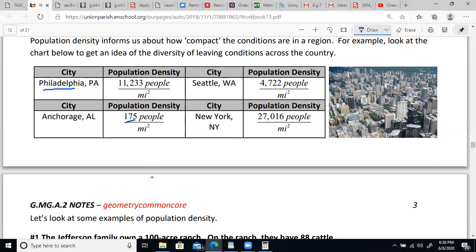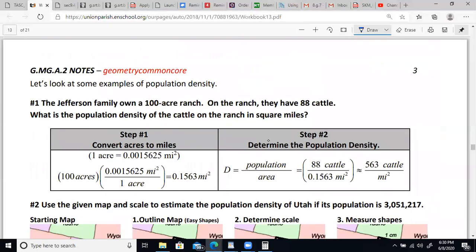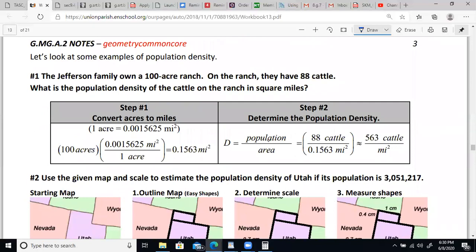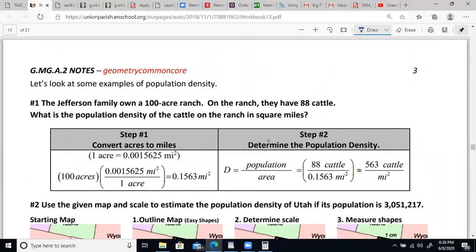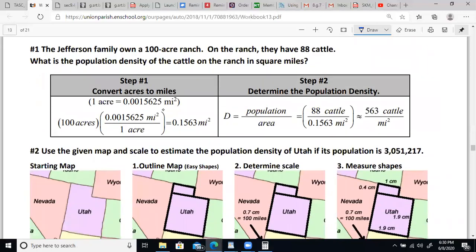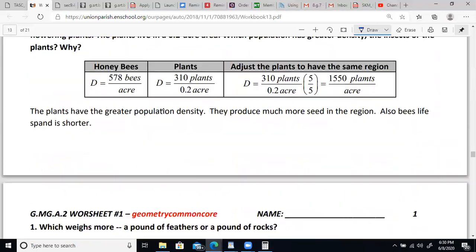And from there, you can figure out the density. As long as you know density equals mass over volume, we could calculate it. But they were just giving you examples of what population density looks like and what it means. Let's see here.